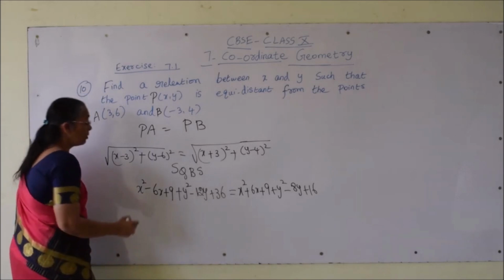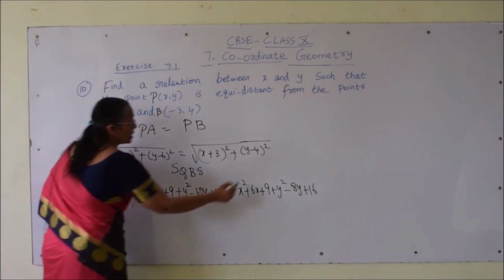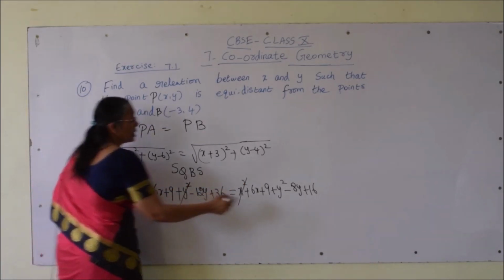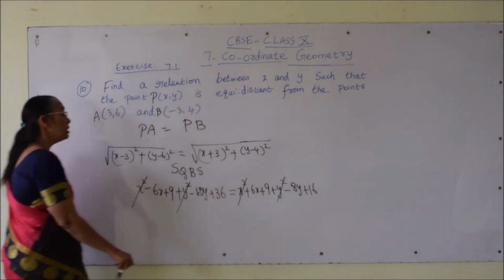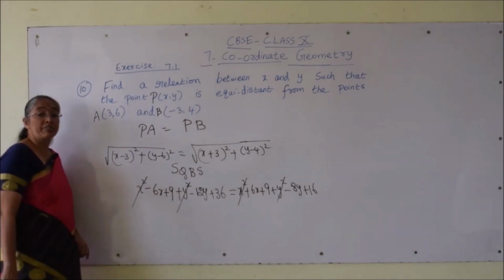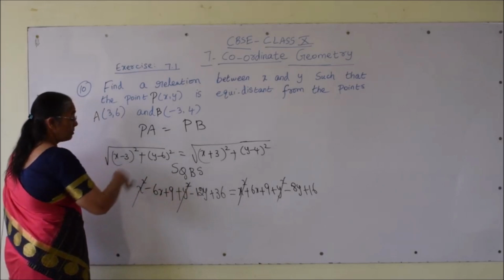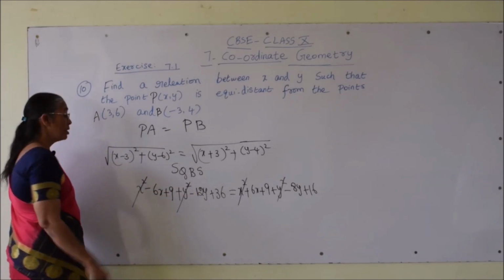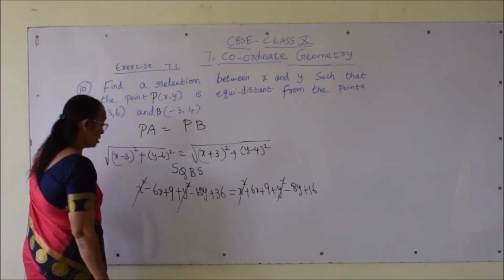So, which terms will get cancelled? Second degree terms cancel: x square, y square. Similar terms are there on both the left hand side and right hand side, so we can cancel them. When we bring them to one side they become negative, so they get cancelled.